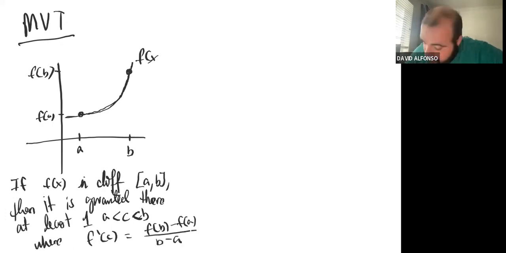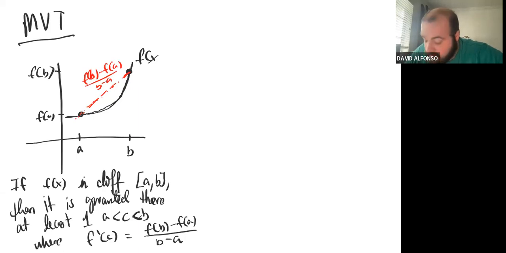So it's kind of an obvious theorem because if the function's differentiable, which means it's continuous as well, of course, and differentiability implies continuity, it is guaranteed that there has to be at least one point. So see, this is f of b minus f of a divided by b minus a.